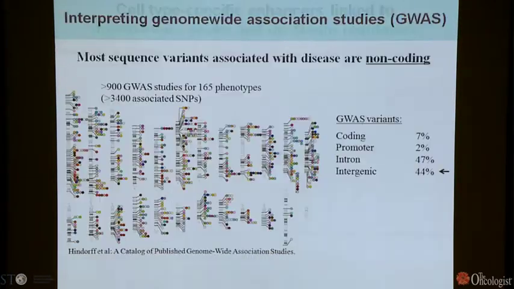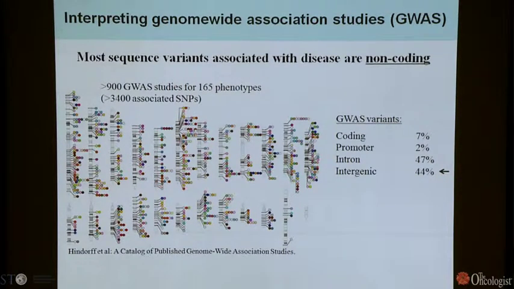Okay, so what can you do with this kind of genome-wide annotation of the different types of sequence elements in the genome? Well, we wanted to apply this to human genetics, and specifically to genome-wide association studies, where many studies are underway right now to identify the sequence variants, the differences between individuals, that are associated with disease.